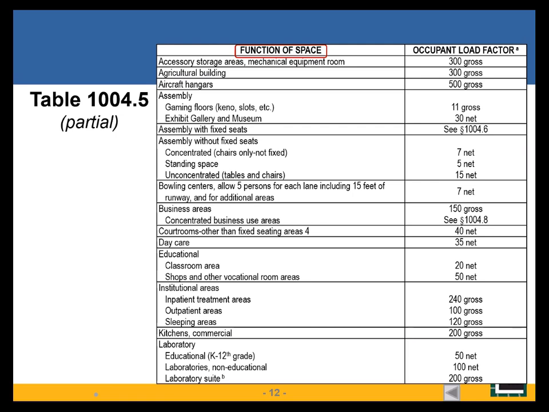It would be applicable in the college, university, classified as either a Group A, if the occupant load is 50 or more, or Group B, if it's less than 50. So this table is based on the function.